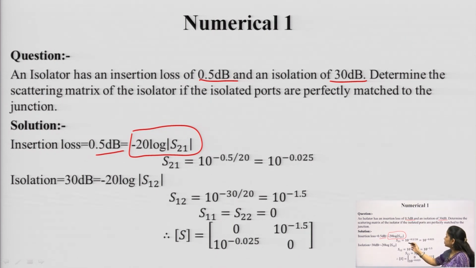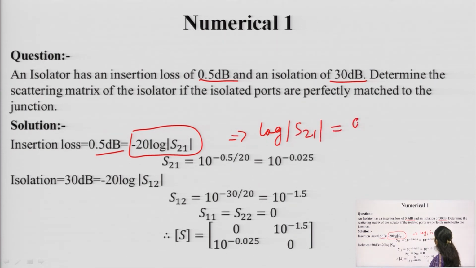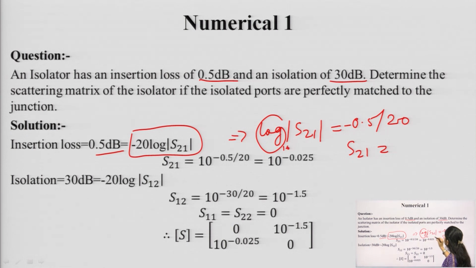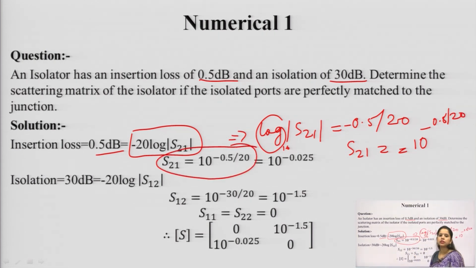So, log S21 equals minus 0.5 upon 20, and S21 then becomes 10 to the power of minus 0.5 upon 20, since this is a log with base 10. This is a normal equation which we can solve with the usual rules. By solving, we get the value of S21.